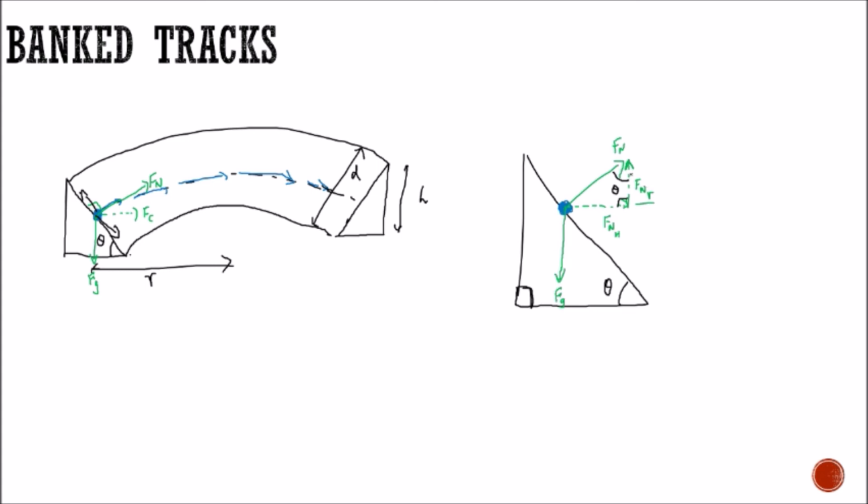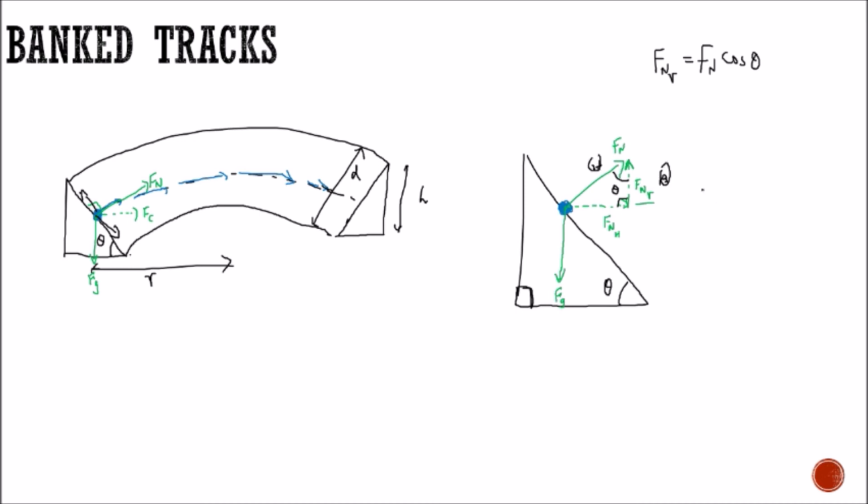So I know that FNV, the normal force in the vertical direction, is, well, this is the adjacent side of the triangle. This is the hypotenuse. This equals the full magnitude of the normal force, Fn cosine theta. And you can prove to yourself this is adjacent, this is hypotenuse.